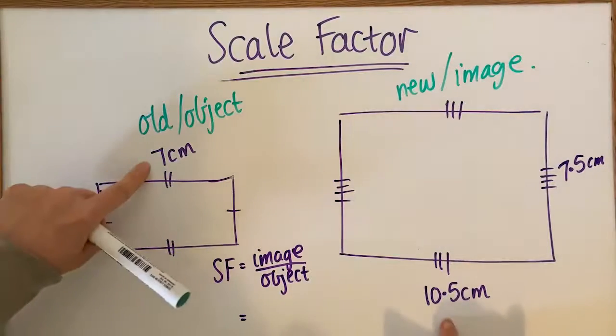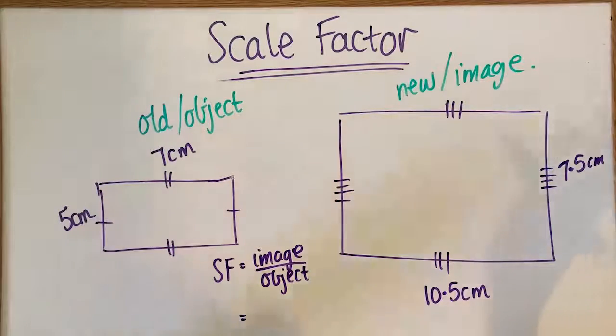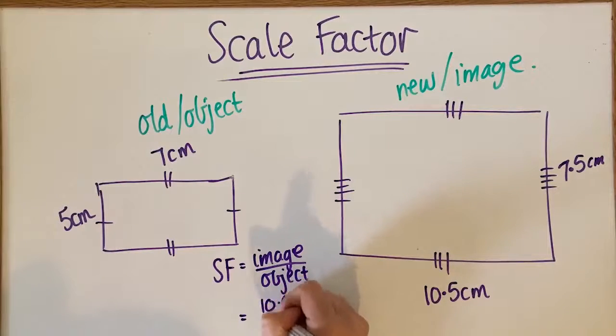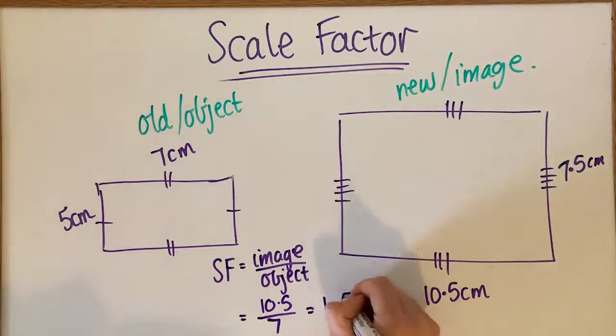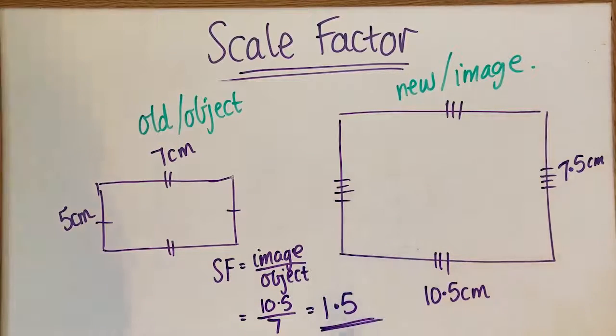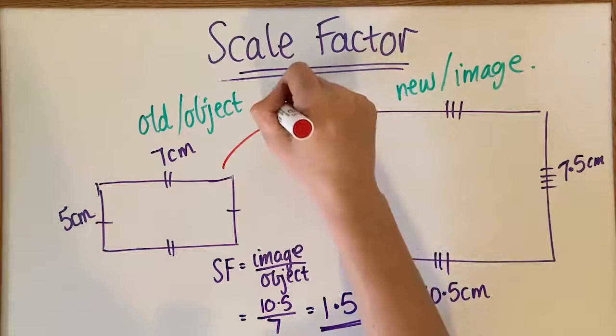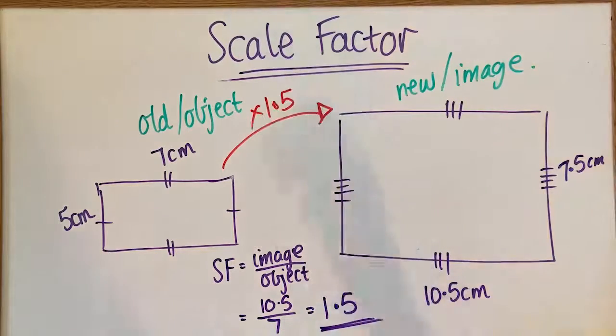So I can put these two, or I could do these two, doesn't matter. I'm going to do 10.5 over 7, and 10.5 divided by 7 is 1.5, okay? So our scale factor is 1.5. So every value in this shape to get it to this one has been multiplied by 1.5.